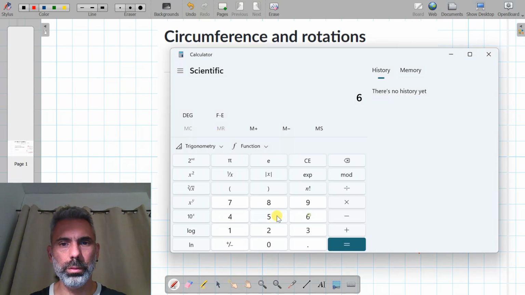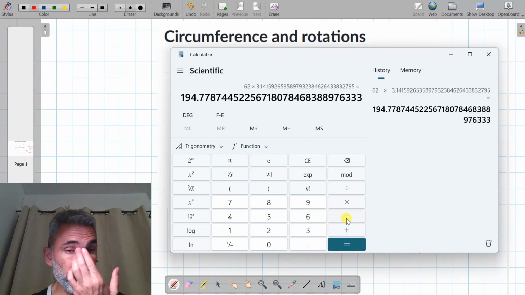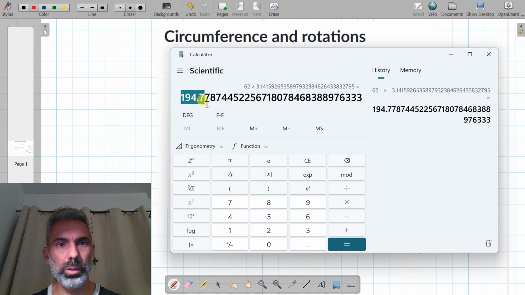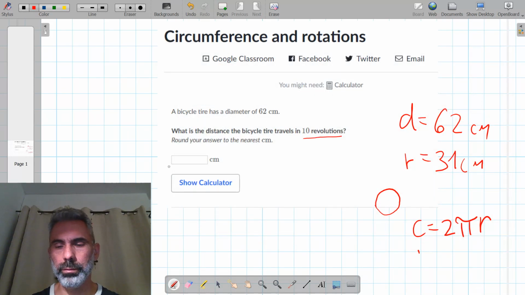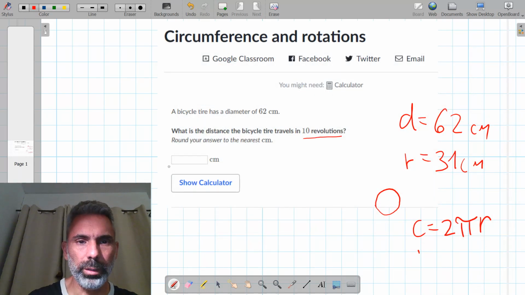So 62 times pi equals, okay, so 195, because we need to round it to the nearest centimeter. So 195. This is 1 revolution.